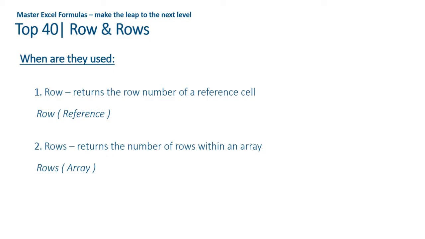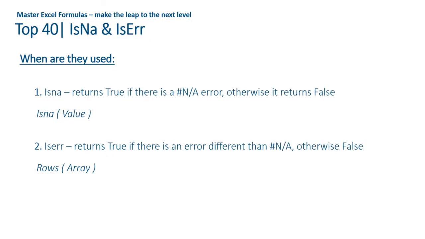So going back to the presentation now, I want to show you a few formulas that identify, let's say, errors, and based on what error is identified, they return true or false. ISNA is a formula that returns true if there is an NA error in Excel. Otherwise it returns false, and all we need to do is just select a cell or a value.